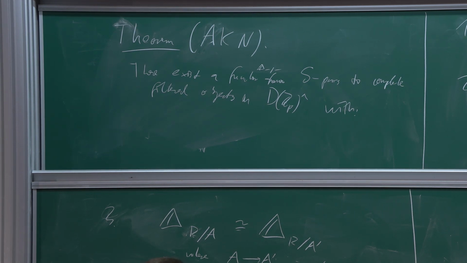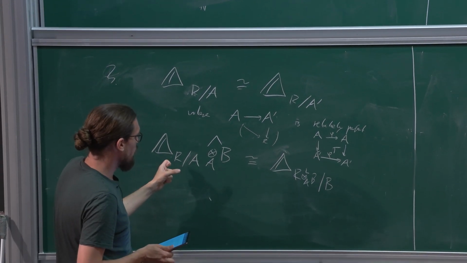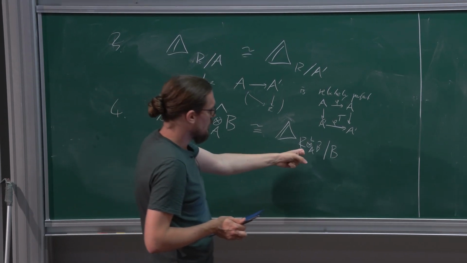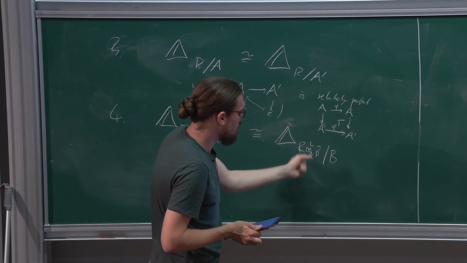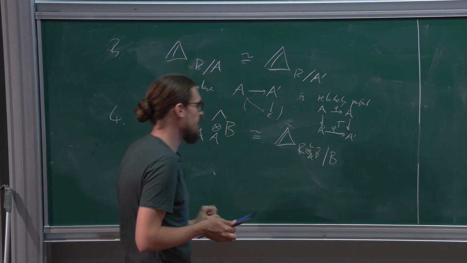And so you can extend it to animated delta pairs. And so you can ask for either the ring or both to be animated. And if this tensor product has no higher Tor terms, then this holds as I wrote, but in general, this needs to be this animated version.